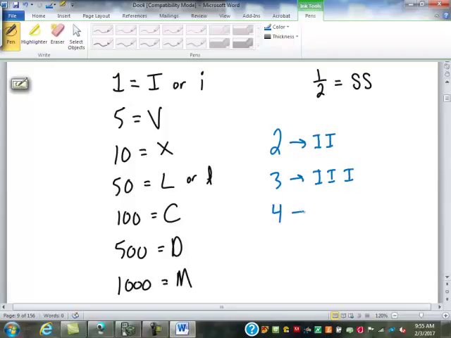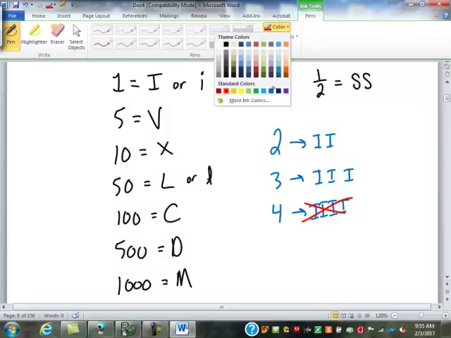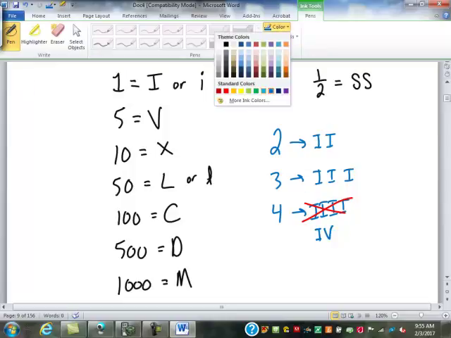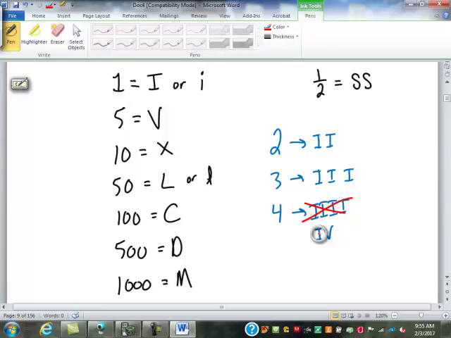But the number 4, which you would think would be 4 ones, they don't like to do it that way. Instead, they define subtraction within their digits. If a symbol for a smaller number appears before the symbol for a larger number, it is subtraction. So IV, since this is a 1 and this is a 5, the smaller symbol appears before the larger symbol. That really means 5 minus 1, which is 4.